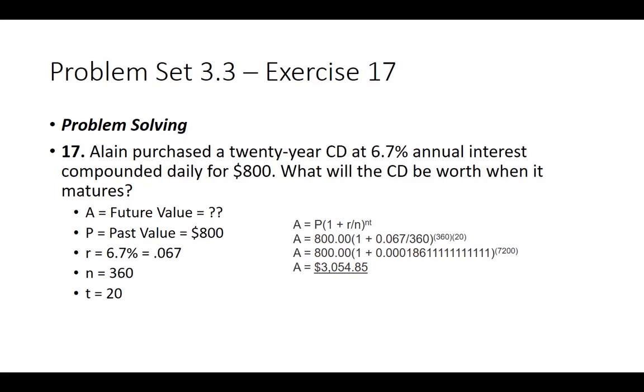We want to know the maturation value, the value in the future. So we want to know A. We have the past value of $800. 6.7% as a decimal is 0.067. Compounded daily means our N is 360 and T is 20.